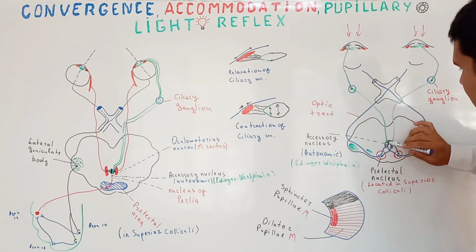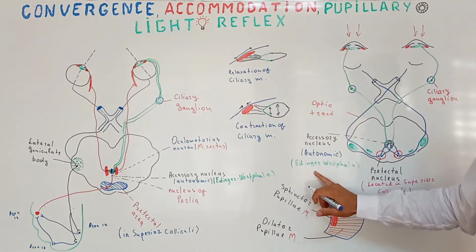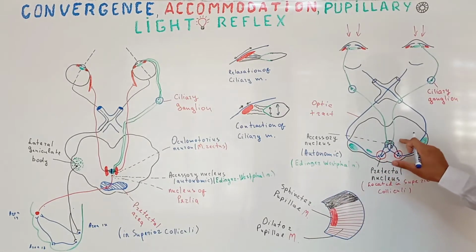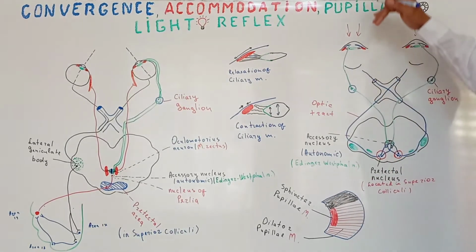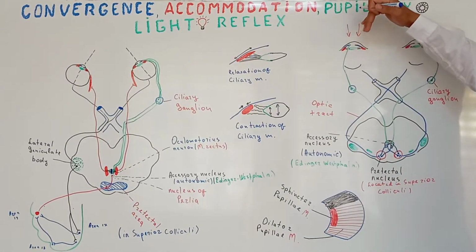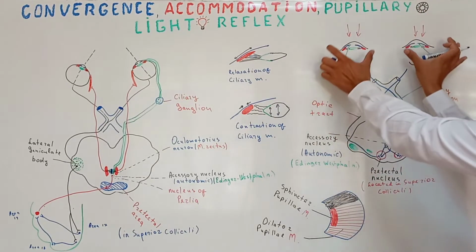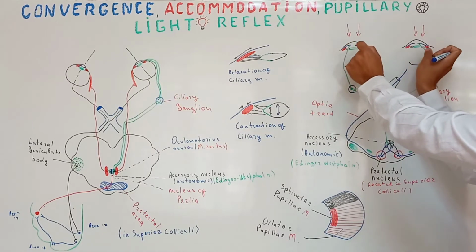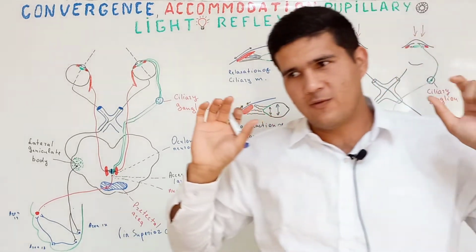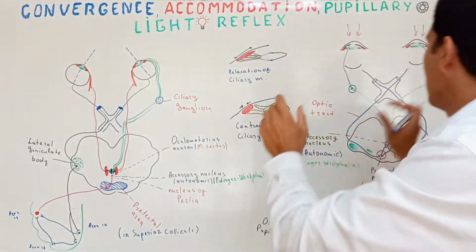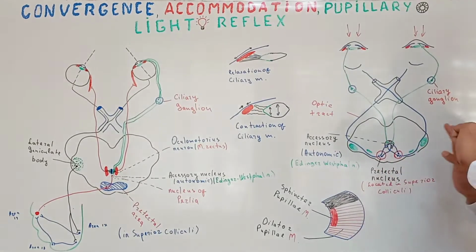The first one goes to the ipsilateral Edinger-Westphal nucleus, and the next one goes to the contralateral Edinger-Westphal nucleus. According to this, directing light to one eye can cause contraction of both pupils, both irises. The change in the size of the pupil can occur in both eyes, due to this bilateral innervation.